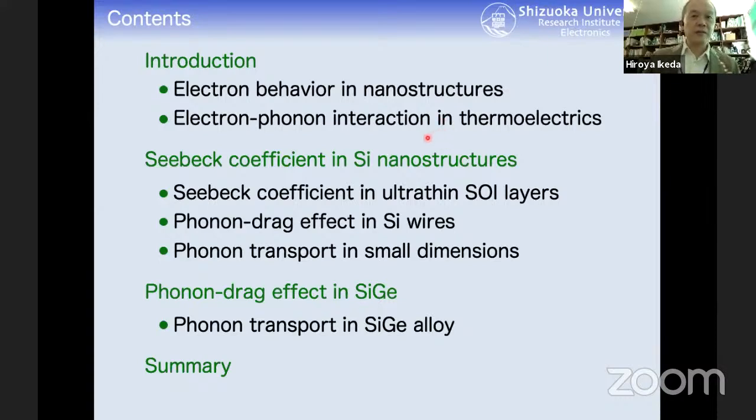The next chapter is titled Seebeck coefficient in silicon nanostructures. This is the main body of my talk today. In this section, I will show the Seebeck coefficient of ultra-thin SOI layers and the phonon drag effect in silicon wires. Next, if I have enough time, I will explain the case of silicon germanium. And finally, I will summarize my talk.